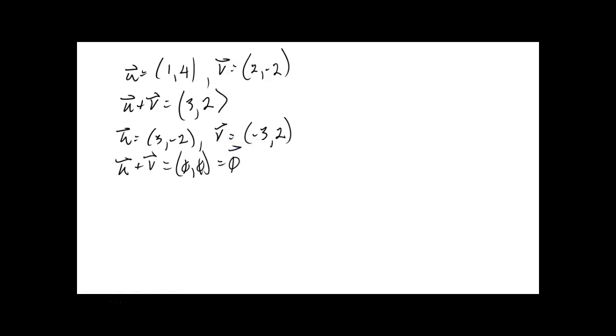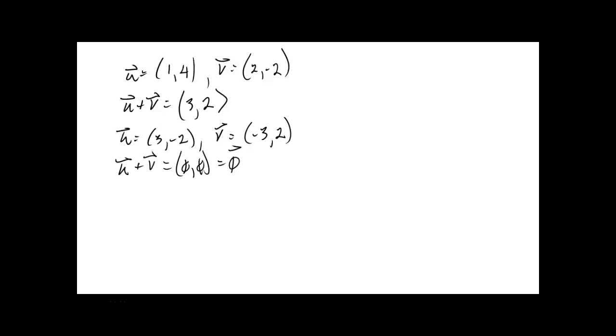So, if we think about what the vector u is, which is positive 3 in the horizontal direction, negative 2 in the vertical direction, it's going down like this. If you think about vector v there, minus 3 in the horizontal direction plus 2 in the vertical, guess what?